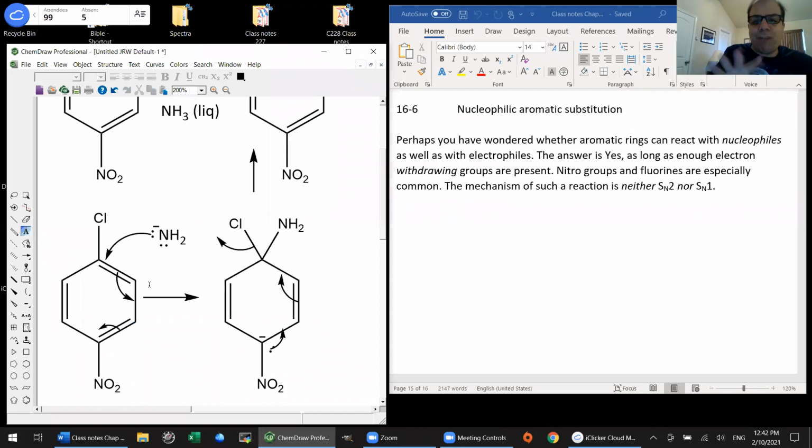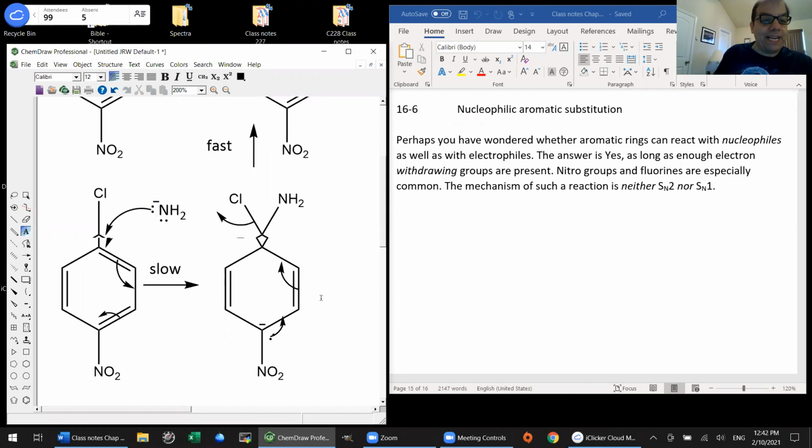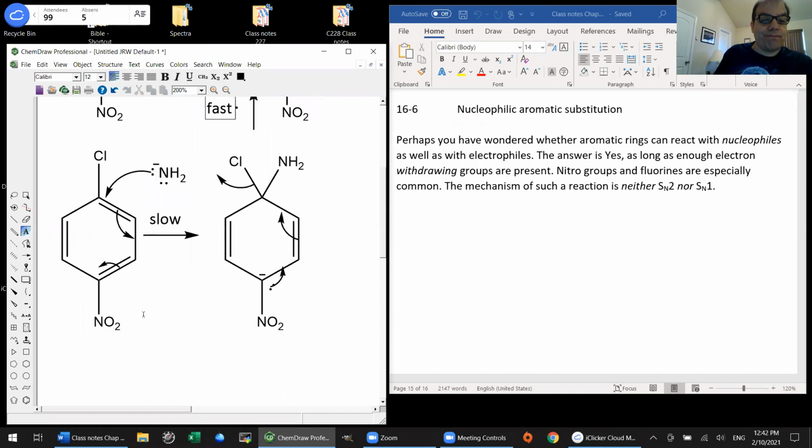The first step, and by the way, we'll do at least one more example of this, so don't panic, but it's the first step that's the slow step, or the rate determining step. And the second step is comparatively very fast, which is all we need to know in order to know the rate law.